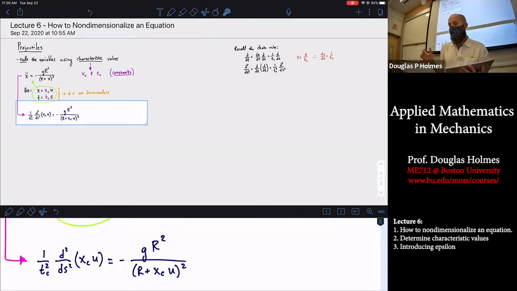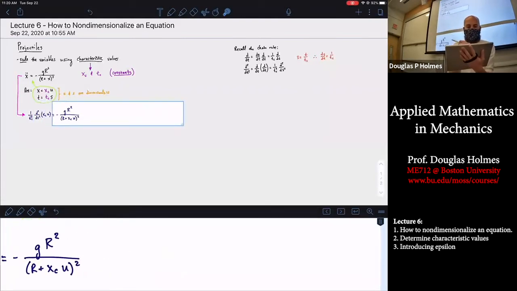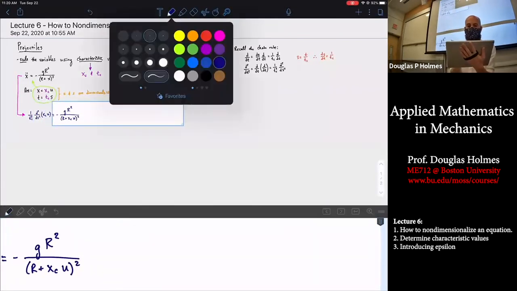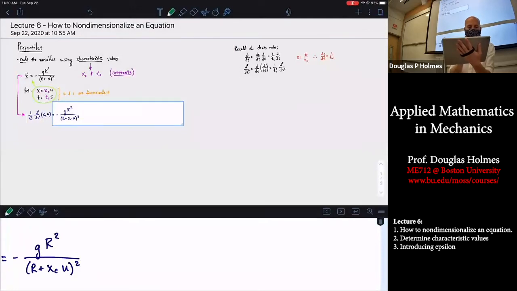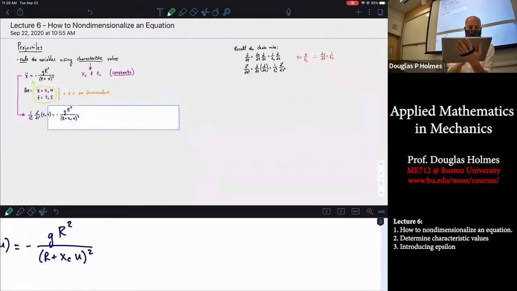Unfortunately, there's no unique way to collect these parameters into dimensionless groups. So for example, I could take the right-hand side of this equation and factor the denominator in two different ways.